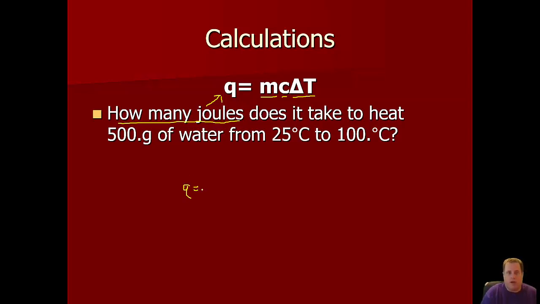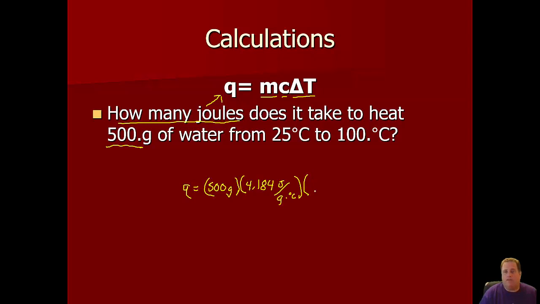So for Q, our mass is 500 grams. Our C is for water. We looked at that before, and this is a value that will be given to you. If we were in class, it's on the back of our periodic table. It's just the specific heat of water.